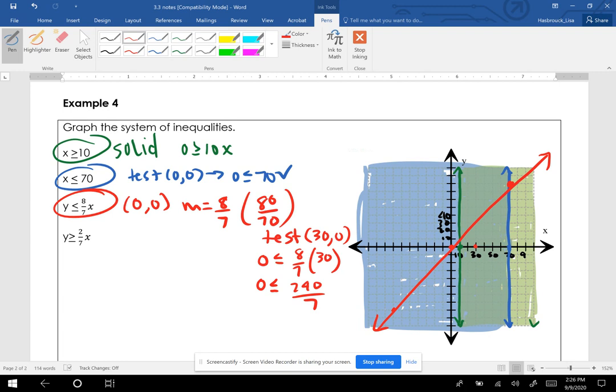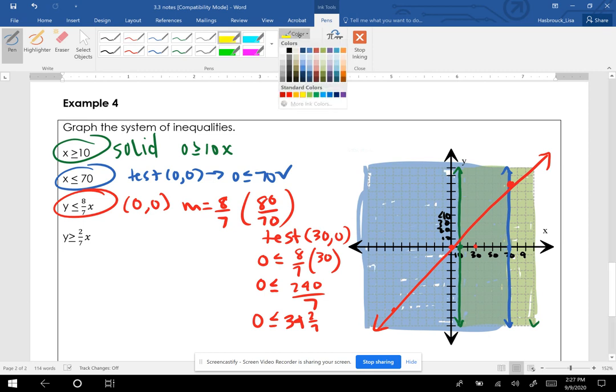So it goes in 34 times. So it's about 34 and 2/7. 0 is less than that. So we would shade on that side of the line. So I'm shading on the bottom portion.